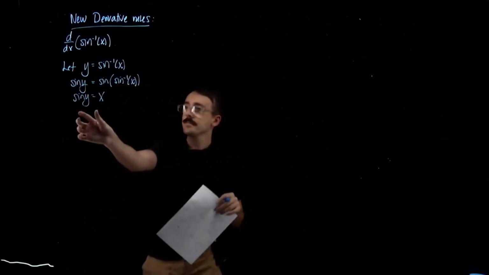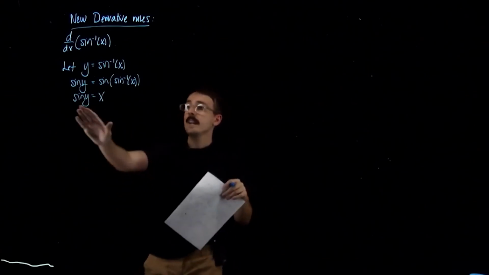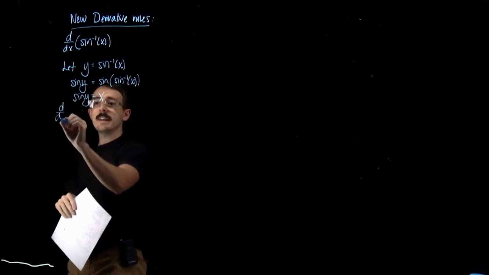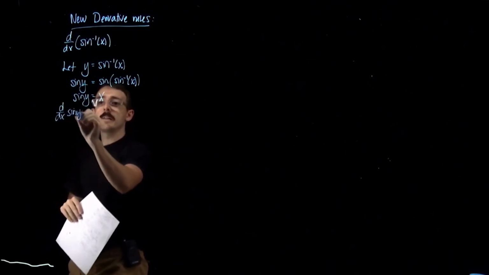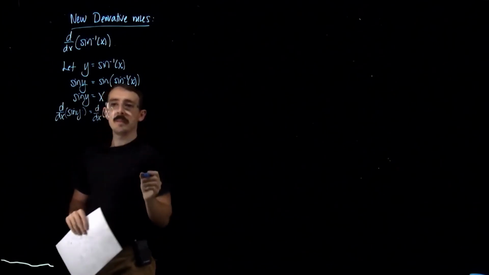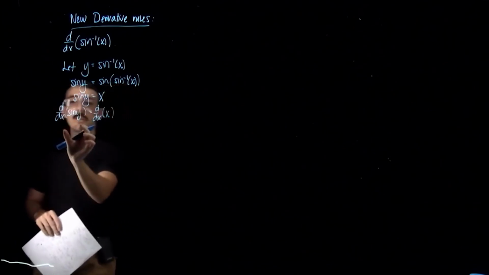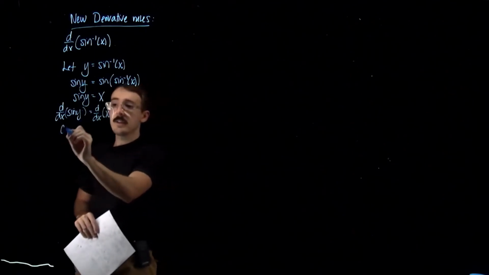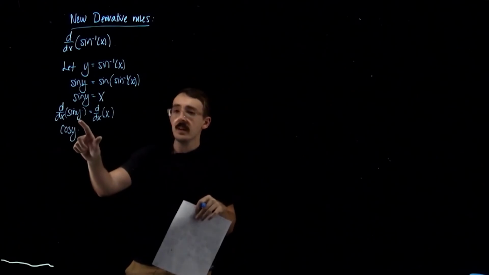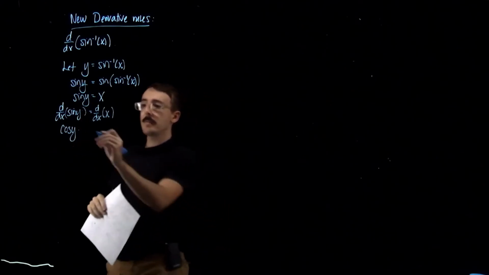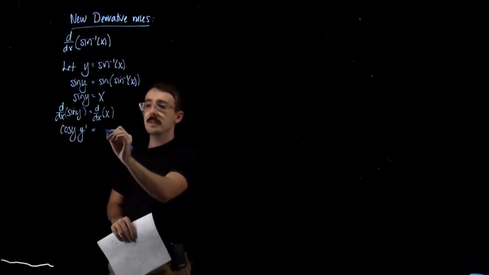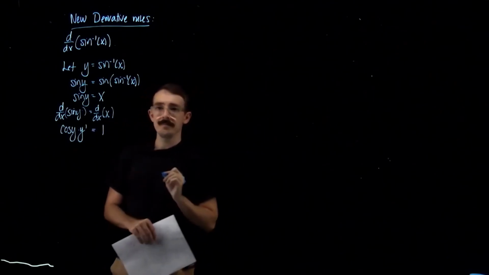Now I can take the derivative of both sides with respect to x, so d/dx of sine y equals the derivative of x. I know the derivative of sine is cosine y, and then I use the chain rule: the inside has y, and the derivative of y is y prime. This equals the derivative of x, which is just 1.